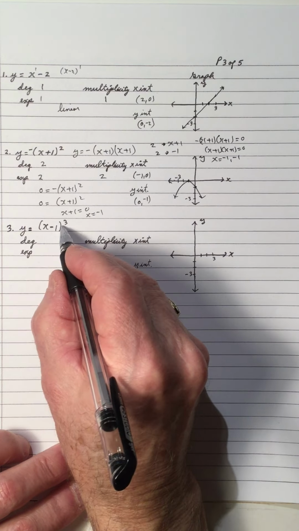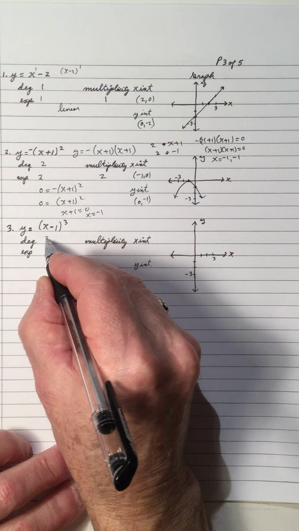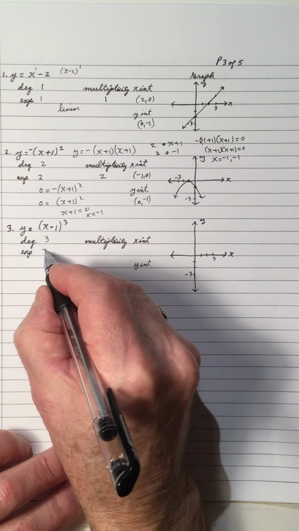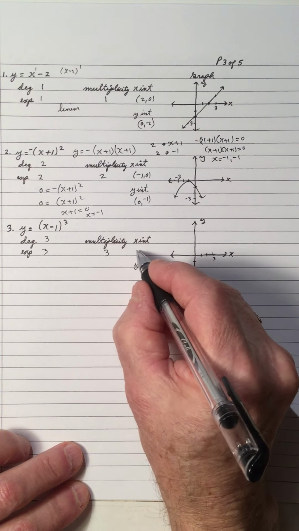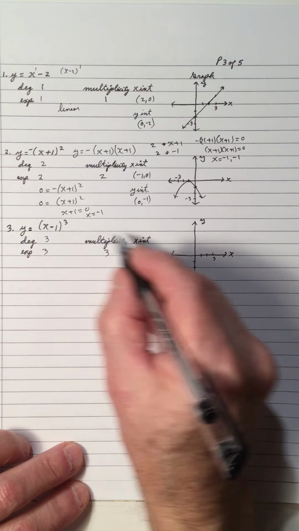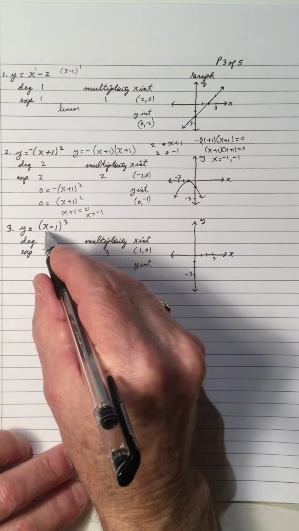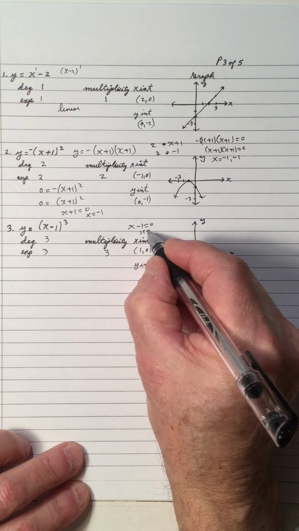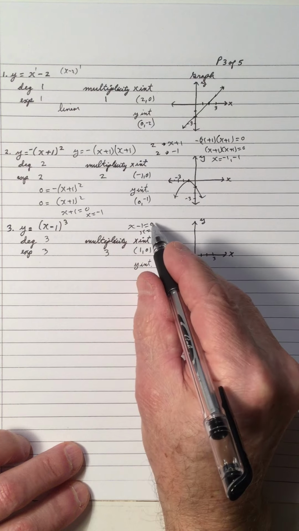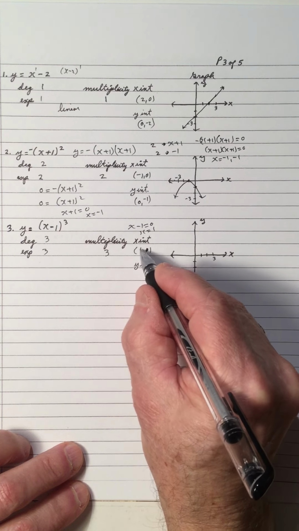Again, let's look at this one. The degree is 3. The exponent is 3. The multiplicity is 3. And the x-intercept is when you let x minus 1 equal 0, x becomes 1. So when you let y equal 0, x becomes 1.